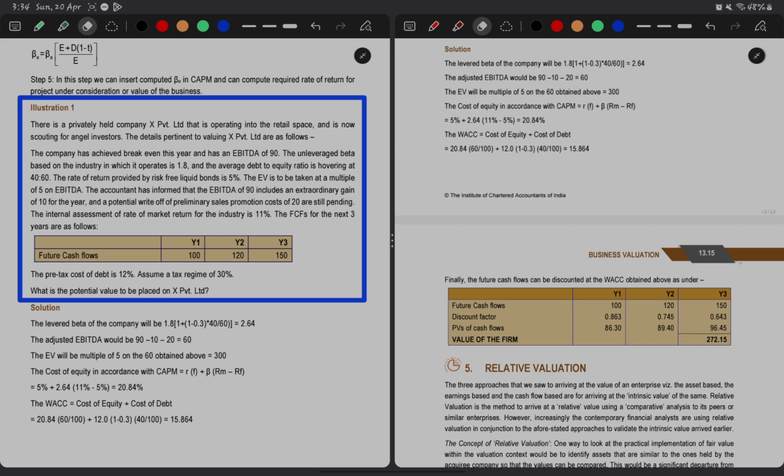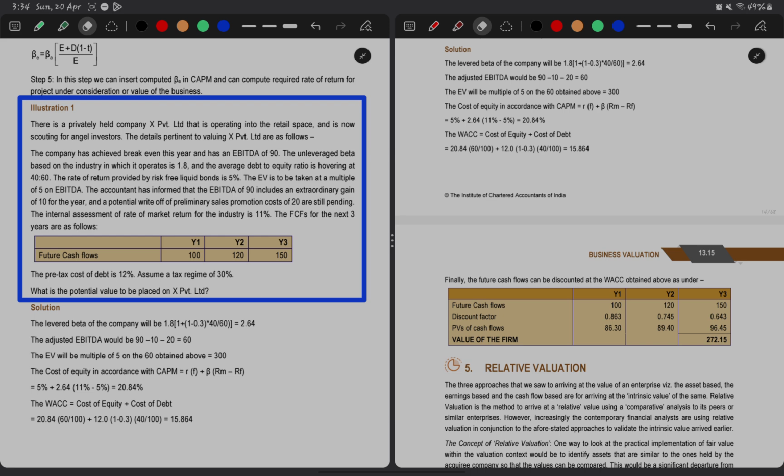That's the main motto, so valuation plays a major role. So here also, since they are scouting for angel investors, X Private Limited requires a business valuation to be shown to the investors.